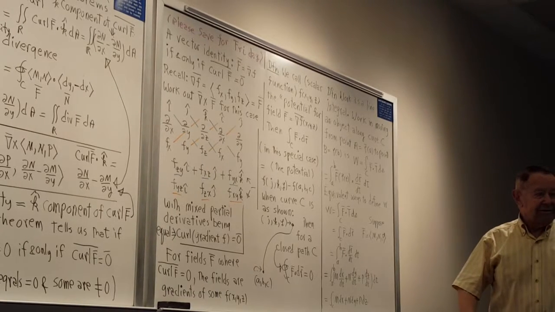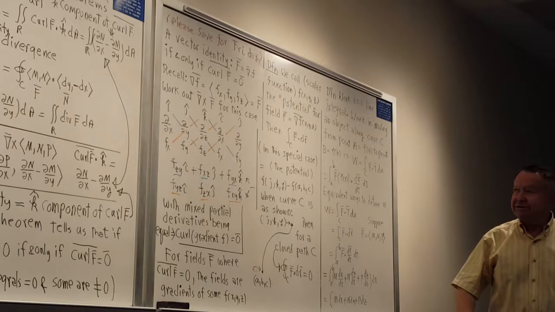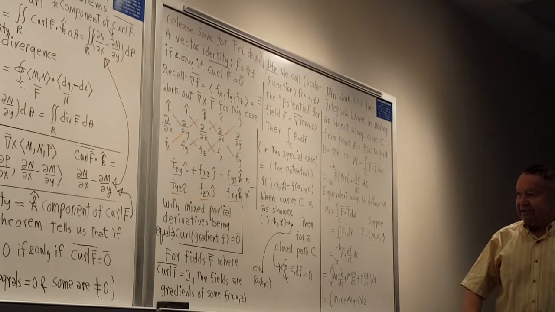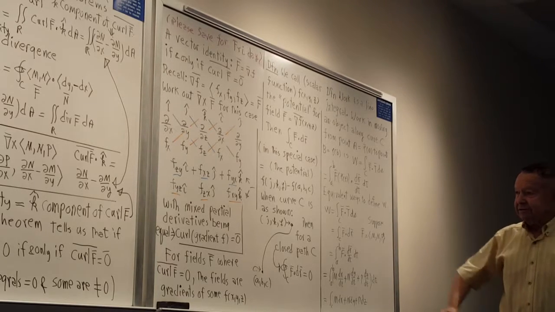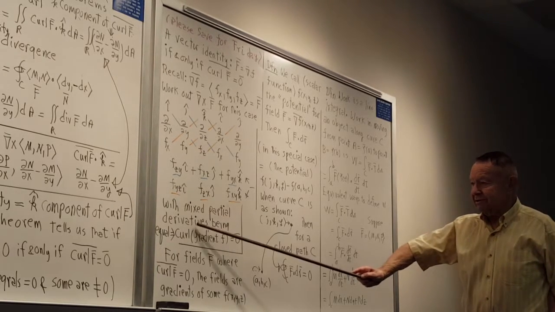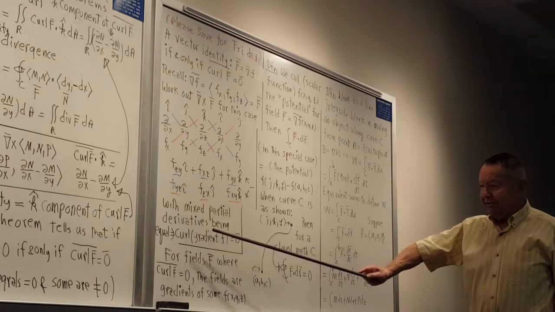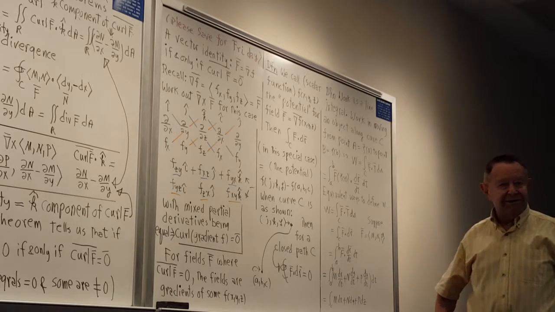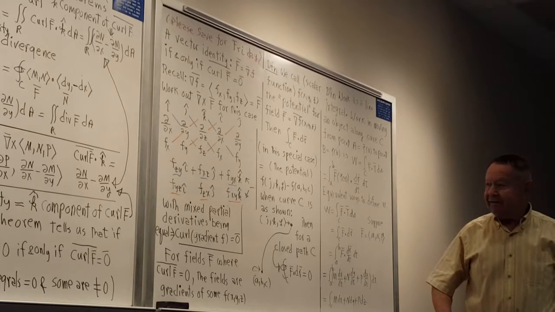This is an important concept in physics in general, and we'll use it at various times. So as long as the mixed partials are equal, the curl of the gradient is going to be zero, and we won't see anything else.